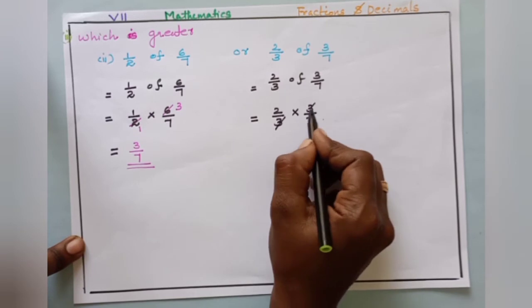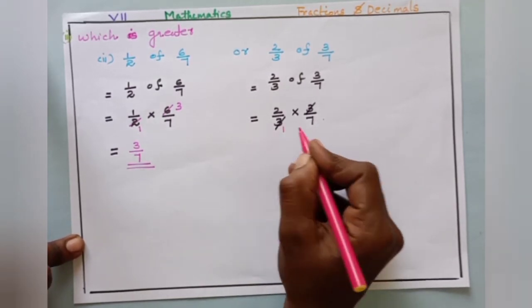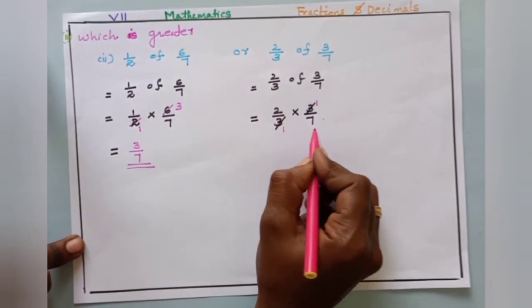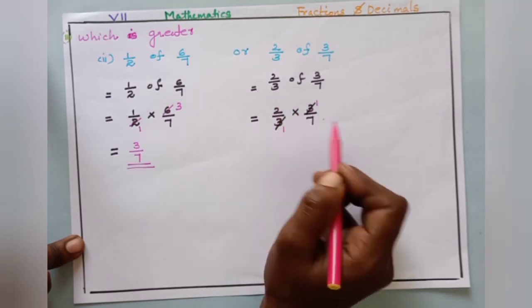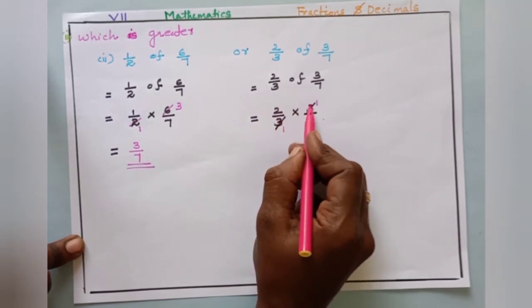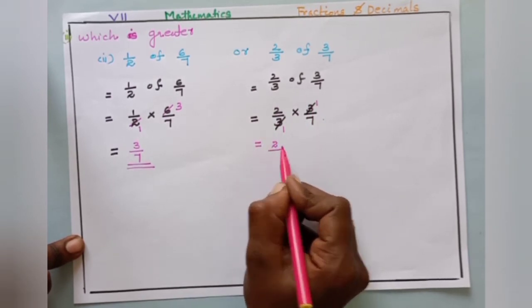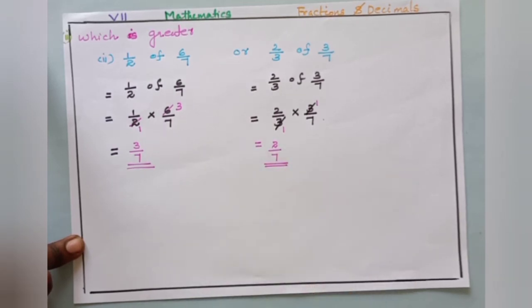So cancel, we get 3 3. 1 3 is 3, 1 3 is 3. So cancel 1. Then no cancellation here, not possible. 2, 1, 7. So take the product. 2 into 1, 2 by product of the denominator 1 into 7, 7.